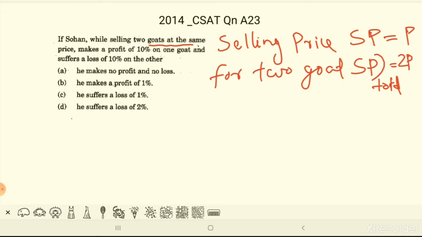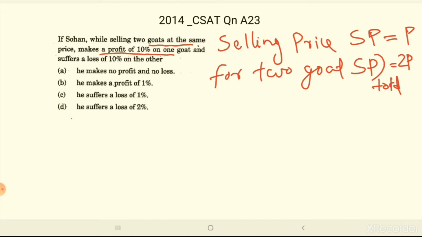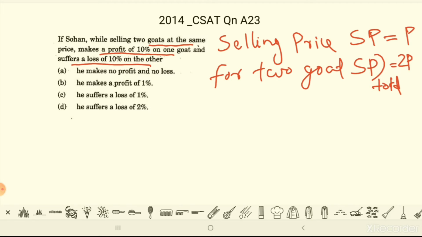Then it is given that he makes a profit of 10% on one goat and suffers a loss of 10% on the other. Then what is the net result? That is what we have to find.